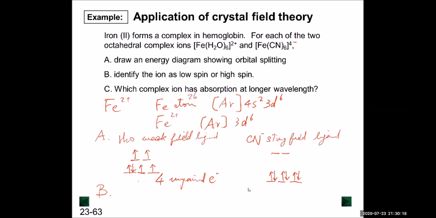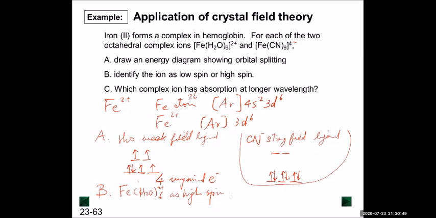Below 3 is low spin, higher than 3 is high spin. And these 4 unpaired electrons make it high spin. So water gives a high spin ion.